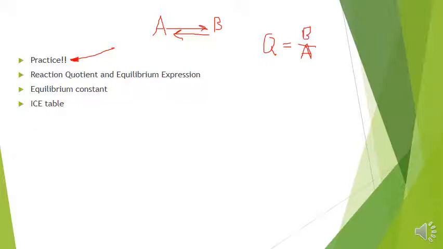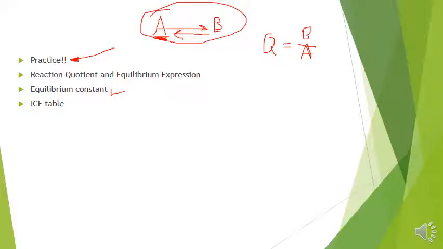Now, the other thing you would like to have, and you don't necessarily have to have it, is the equilibrium constant. If you don't have the equilibrium constant, you have to figure it out, and that means you have to have the equilibrium values of A and B to solve it. But typically what we want to do is find out how much B or A there is at equilibrium from initial concentrations.